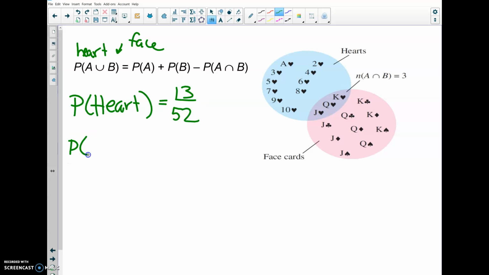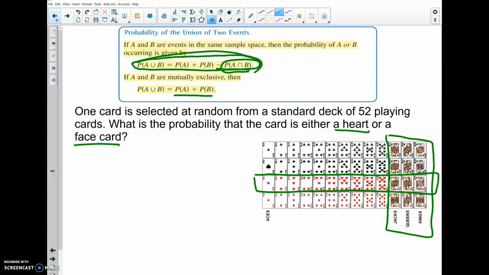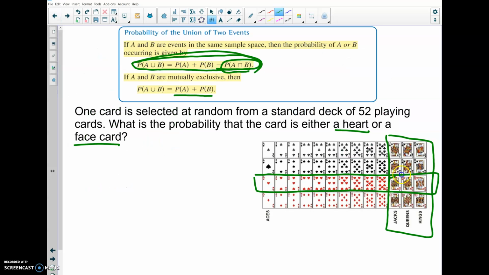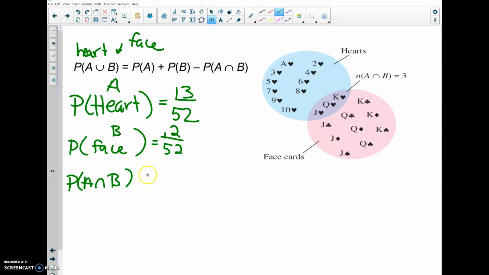The probability of a face card: 3, 6, 9, 12 face cards. And the probability of A and B, heart and face card, are these 3 here.